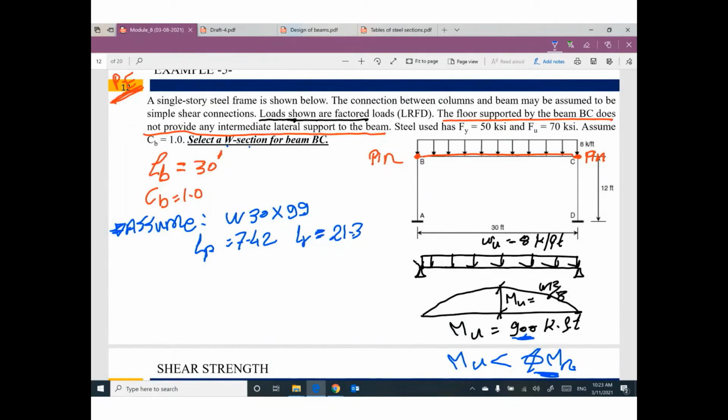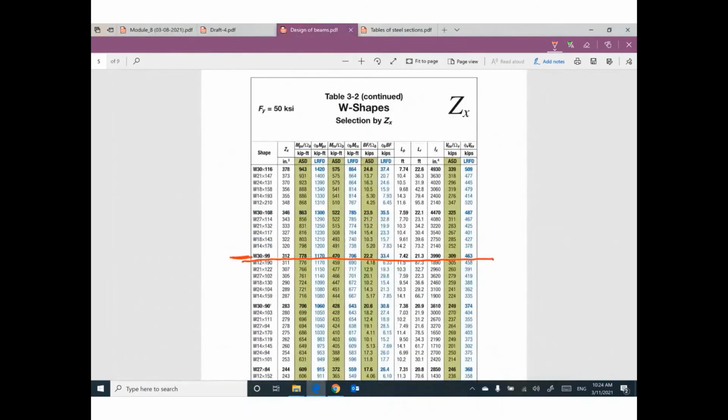Does not work. Because LB is greater than LR. We don't like this one. Actually, we can design it, but we don't like it. So this cross section does not work. Choose another one. Open the table.